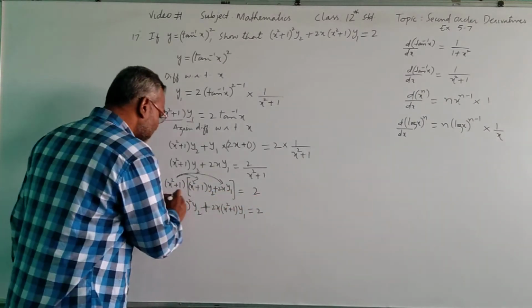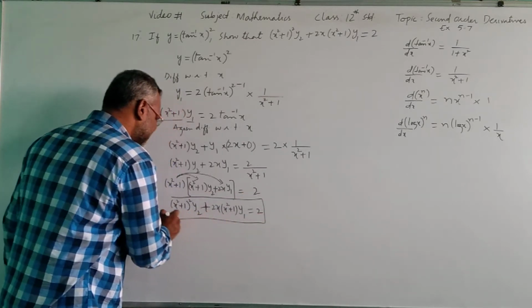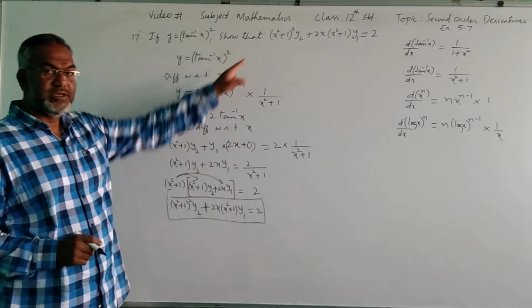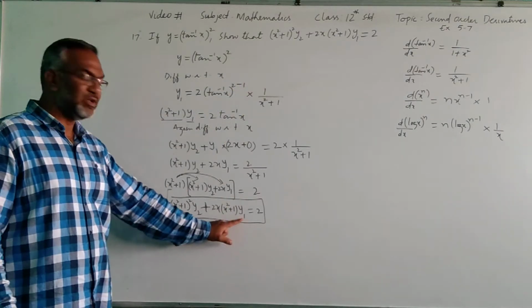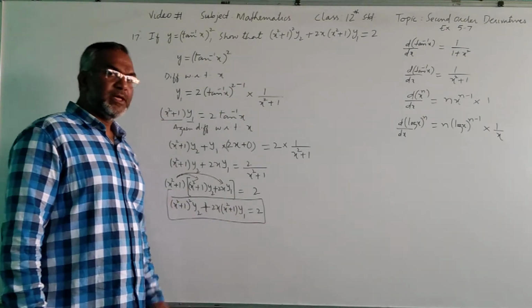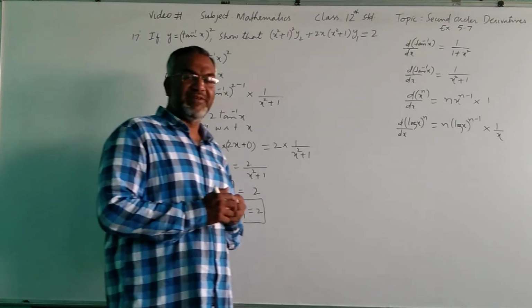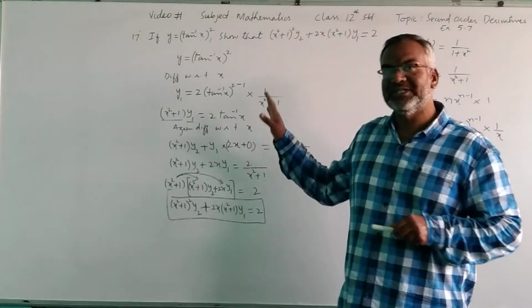So we got the required answer. X square plus 1 whole square y2 plus 2x into x square plus 1 y1 is equal to 2. This is question number 17, solution to question number 17.